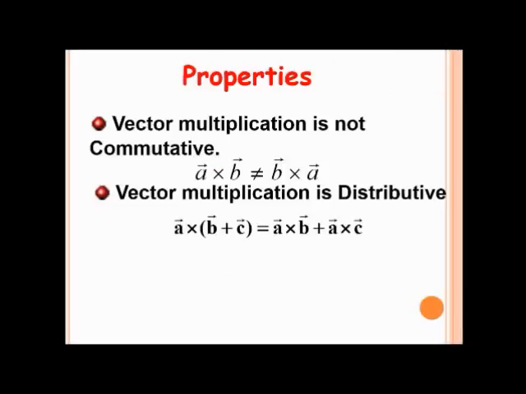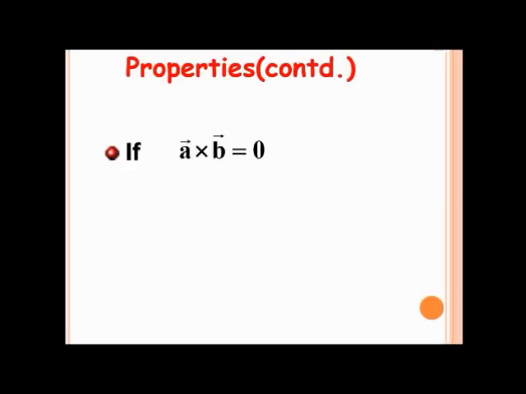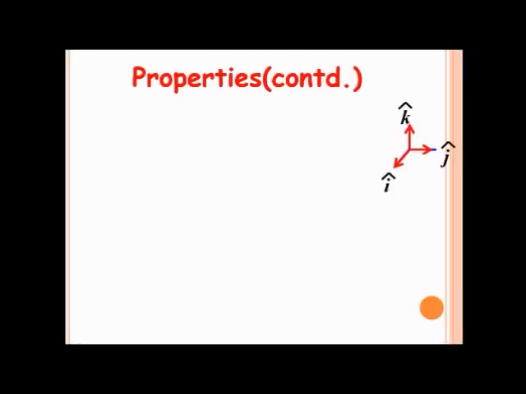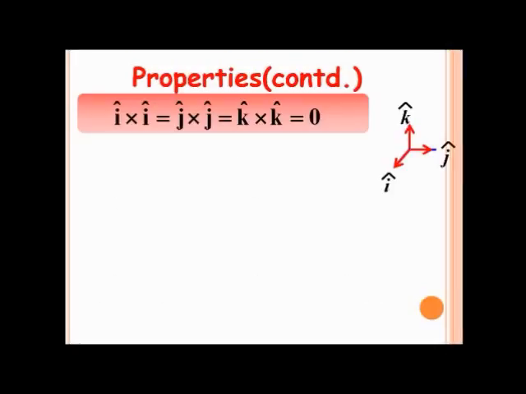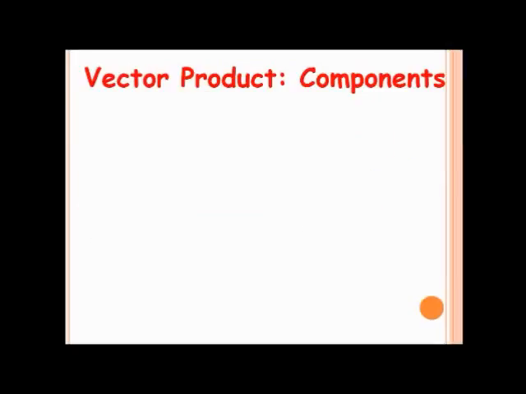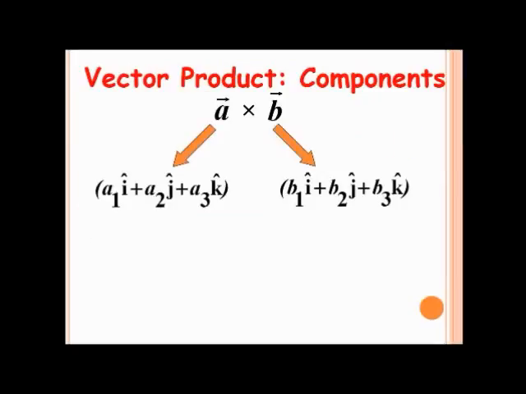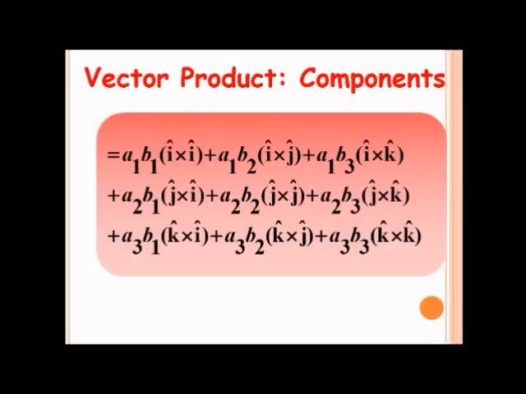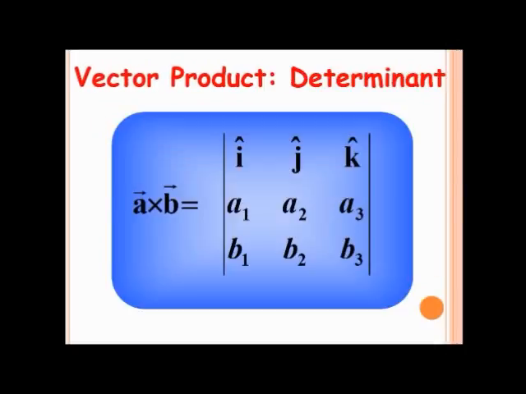There were some properties that were discussed about this vector product. You can find how the vectors are parallel to each other. So there are some of these techniques. So these were the basic things covered in our last video.